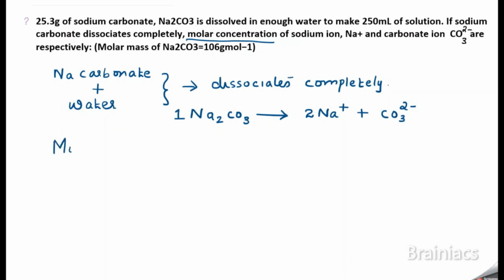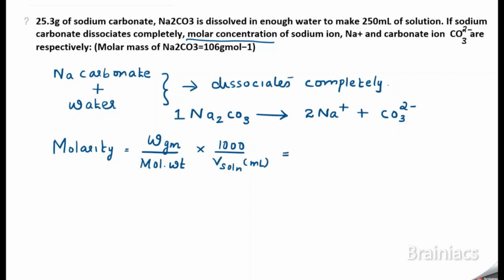We know molarity is equal to weight in gram of the solute divided by molecular weight of the solute, multiplied by 1000 by volume of the solution in ml. Since it is ml, I am multiplying by 1000.